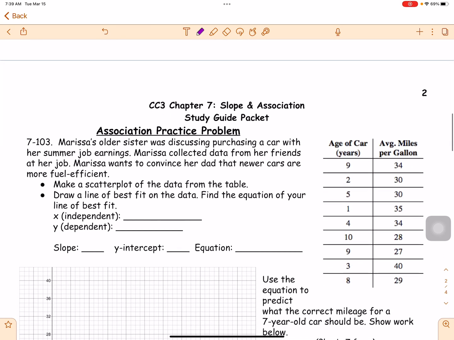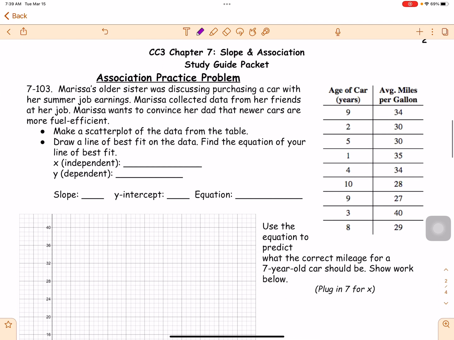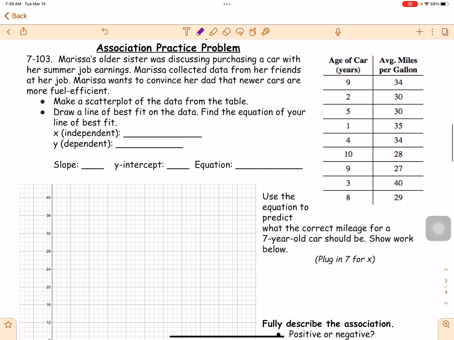All right, so here's an association practice problem. What we need to do is plot those points on our graph, but let's read the problem here. It says, Marissa's older sister was discussing purchasing a car with her summer job earnings. Marissa collected data from her friends at her job.